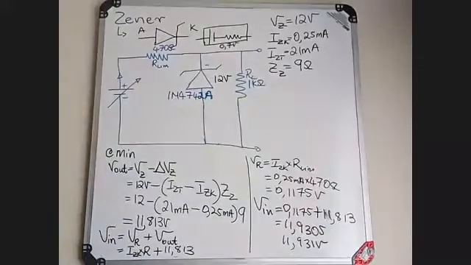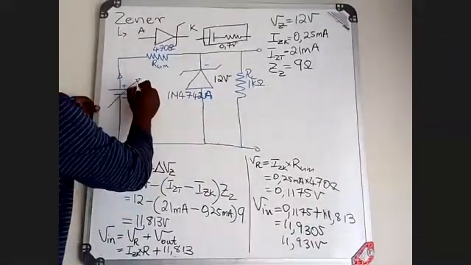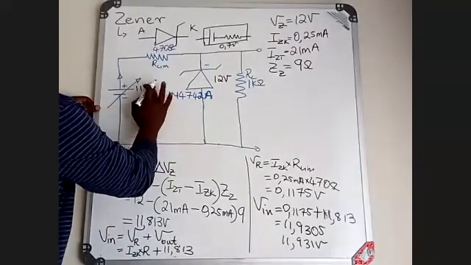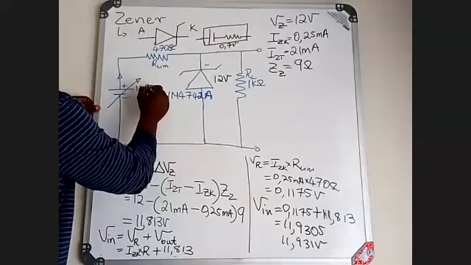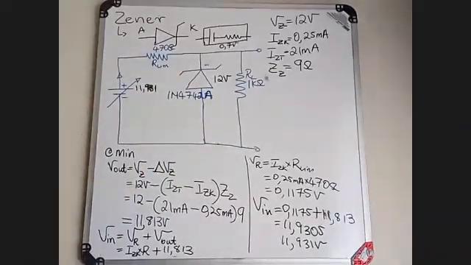So your voltage at a minimum must be 11,931, so that the Zener diode can start regulating.